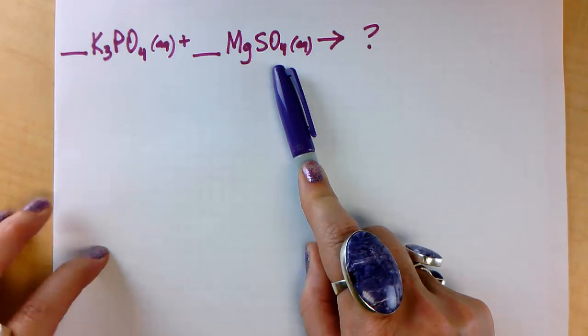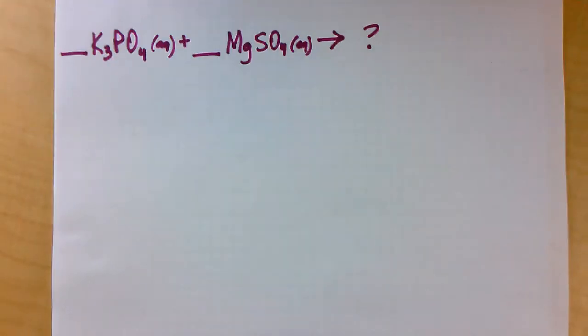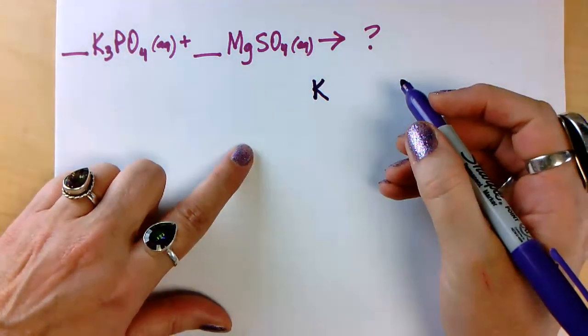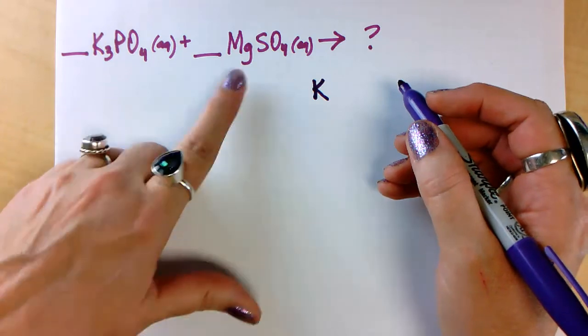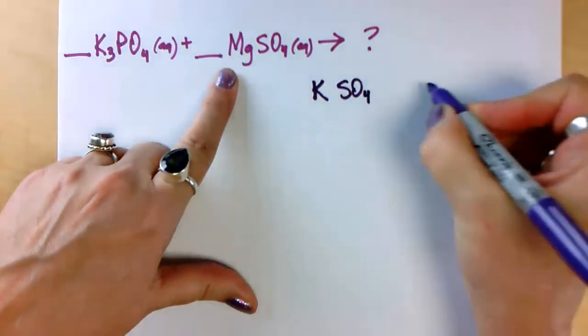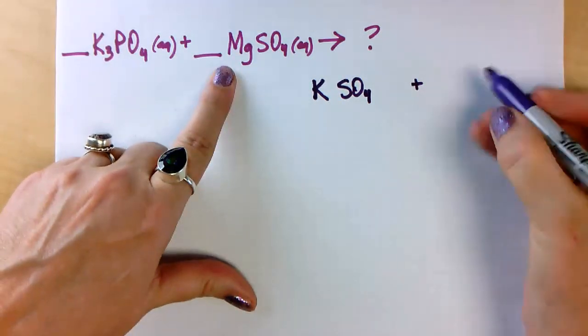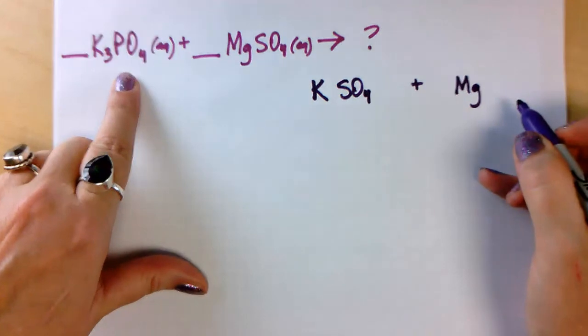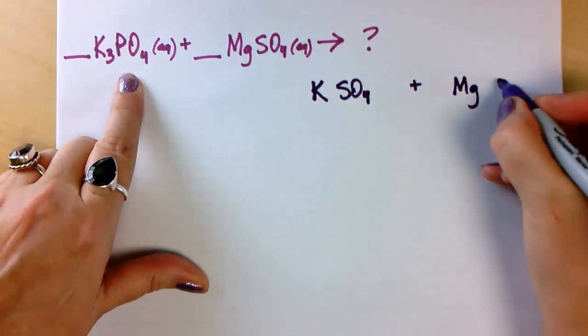The 2 metals are going to switch places with each other. So let's look at what our products could be. The potassium is going to go with the nonmetal that's bonded to magnesium, which is the sulfate. And then the magnesium is going to go with whatever potassium is bonded to, and that is the phosphate.